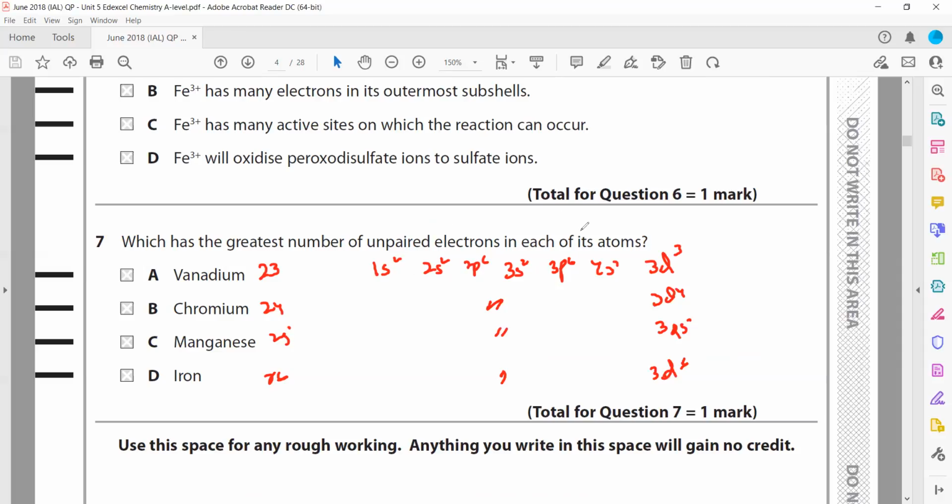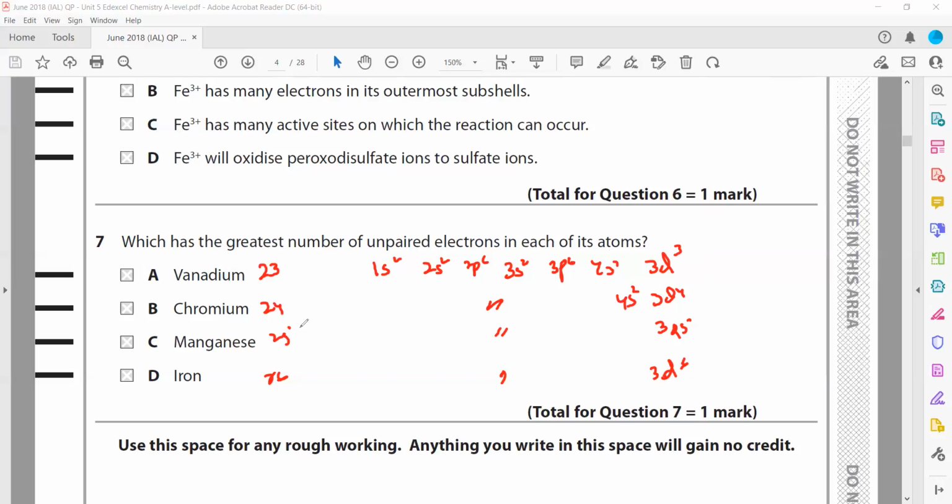The question asks for the greatest number of unpaired electrons in each atom. So when we write the electronic configuration, manganese is 25, so 3d5 is there.